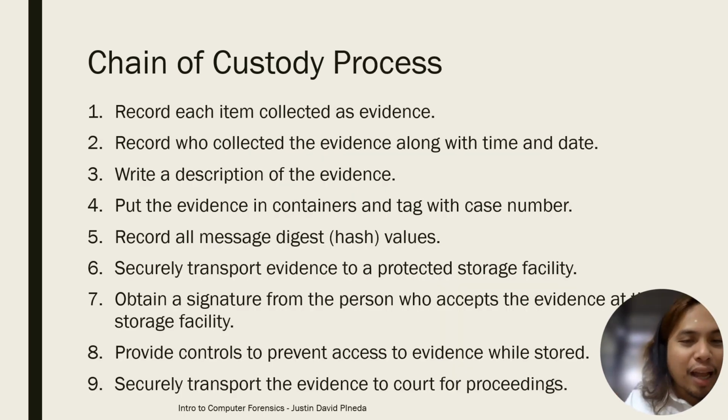You need to record each item collected as evidence, record who collected the evidence along with the time and date, write a description of the evidence, put the evidence in containers and tag with the case number, record all message digest hash values, securely transport the evidence to a protected storage facility, obtain a signature from the person who accepts the evidence in the storage facility, and this is a physical signature. Provide controls to prevent access to evidence while stored, and securely transport the evidence to court for proceedings.